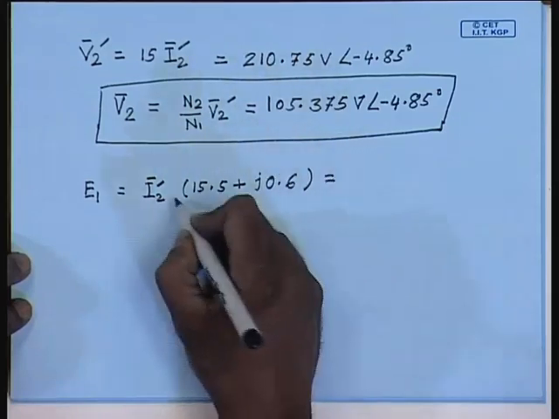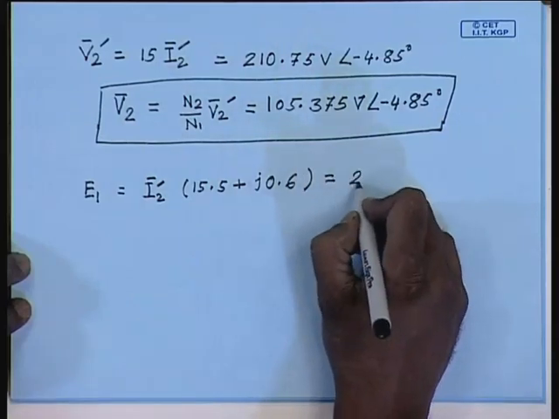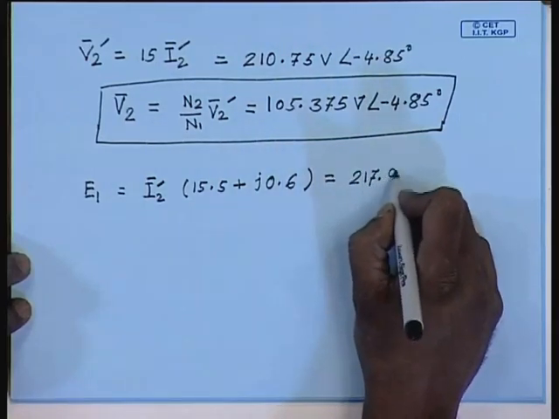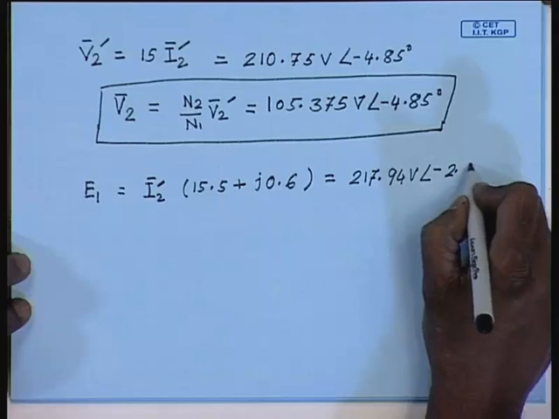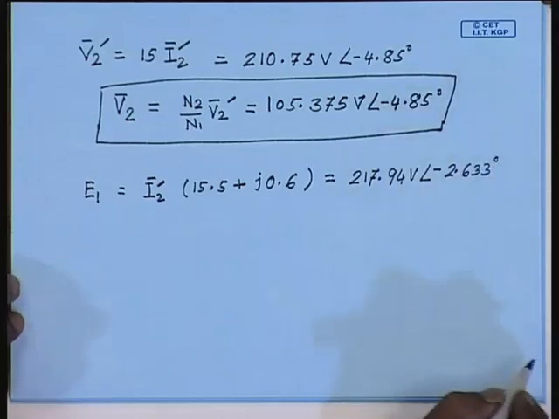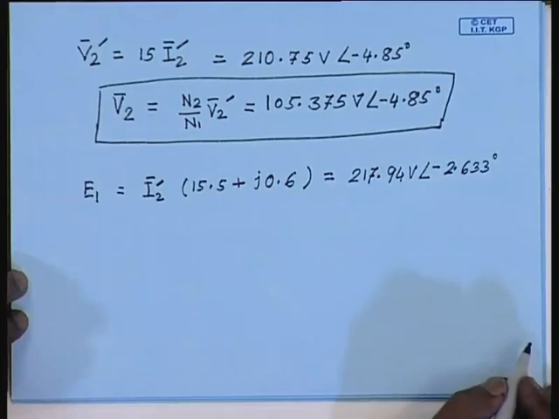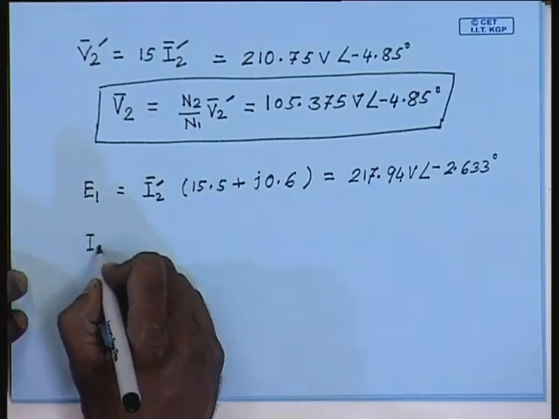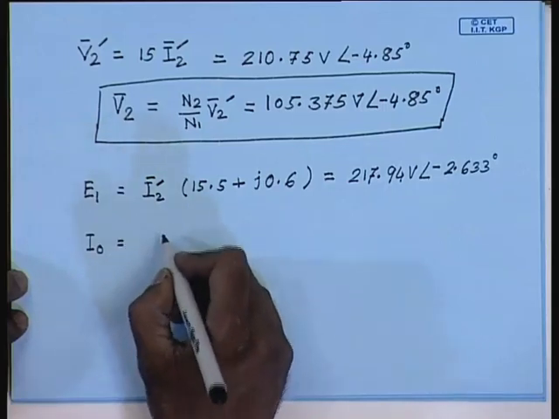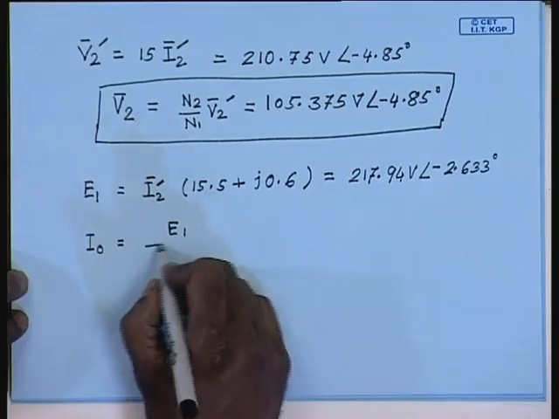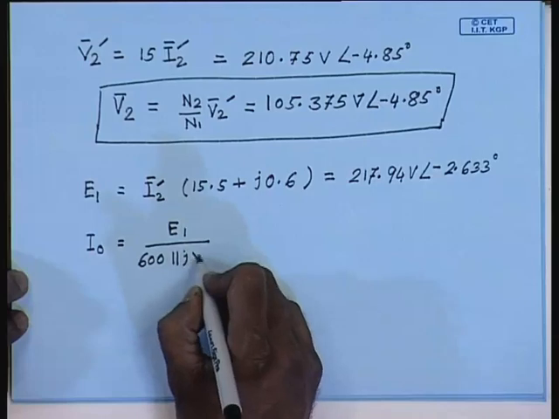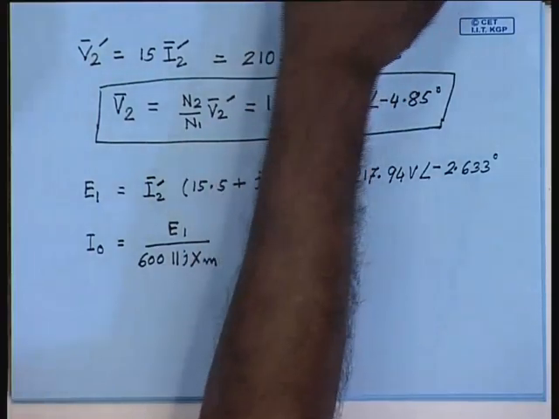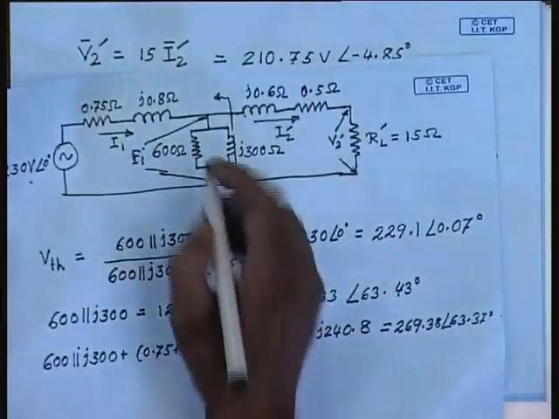And if we calculate, this comes to 217.94 volts at an angle of minus 2.633 degrees with respect to the primary applied voltage V1. So, what is no load current I0? I0 is E1 divided by 600 parallel jXM, that is from this actual equivalent circuit.